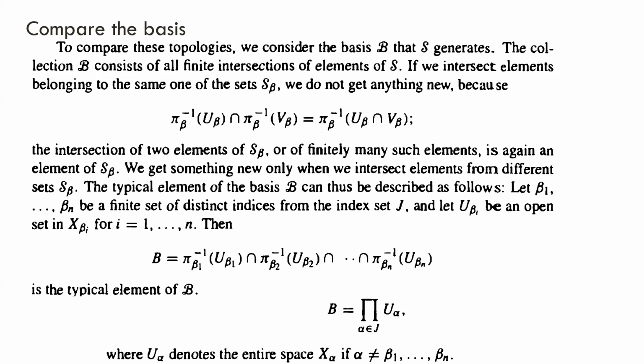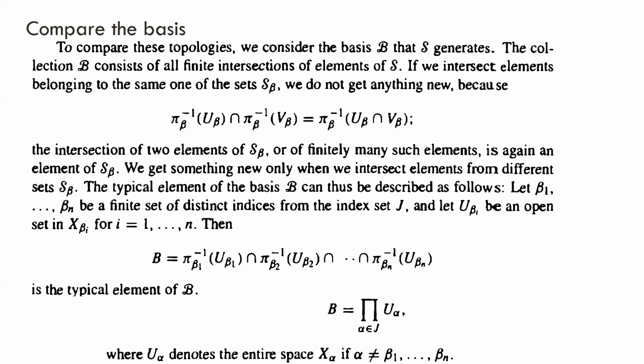Other than these finitely many U alpha, everything else is just X beta, the whole space.